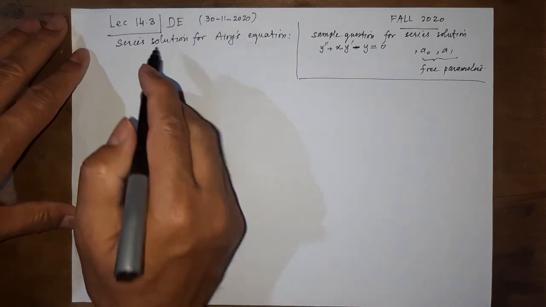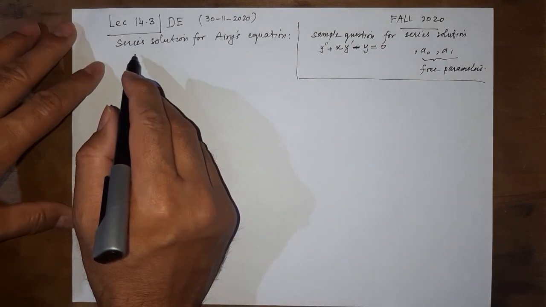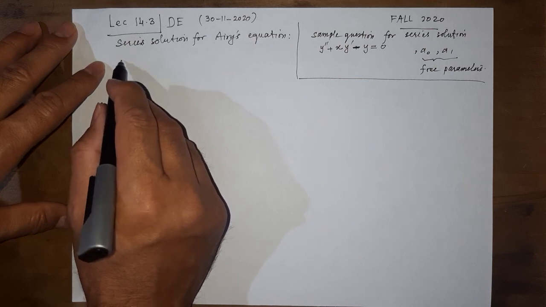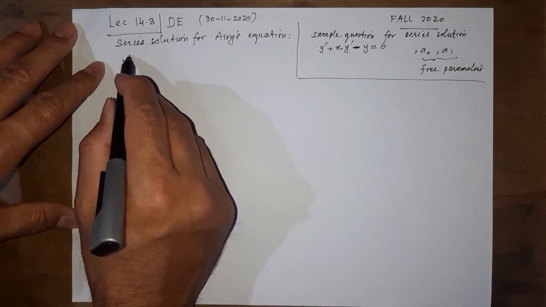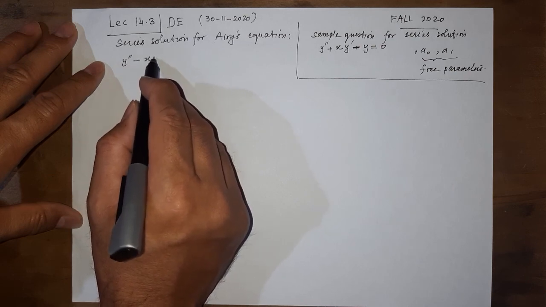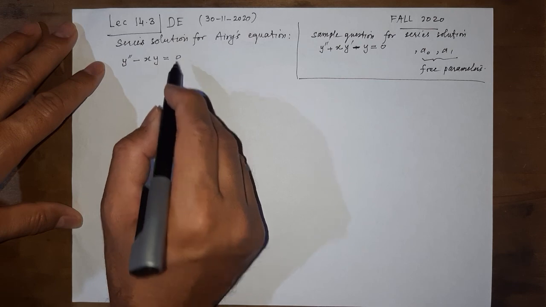So in this video, we are going to look at the solution that we have already found. So the Airy's equation, y double dash minus x y equal to 0.